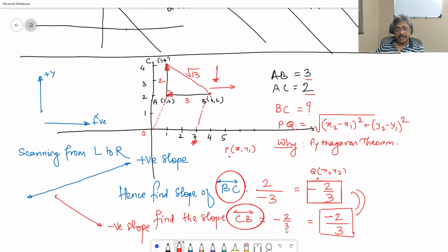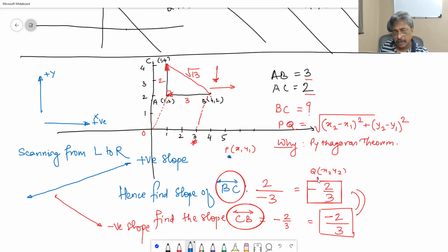The slope of CB is again going to be -2/3, because going from C to B you go in the negative direction of the y-axis, therefore -2 units, and in the positive direction of the x-axis, +3 units, therefore the numerical value of the slope does not change.